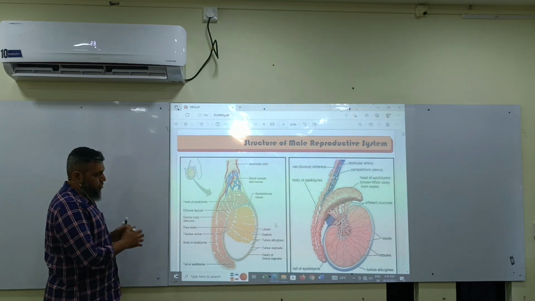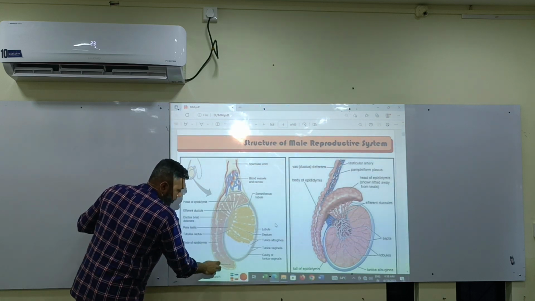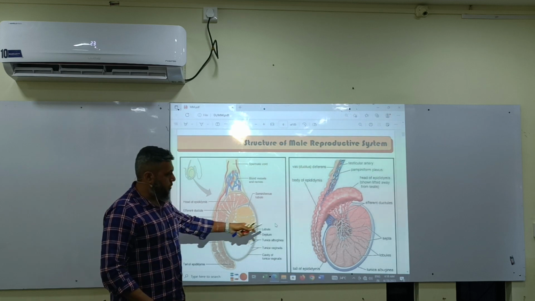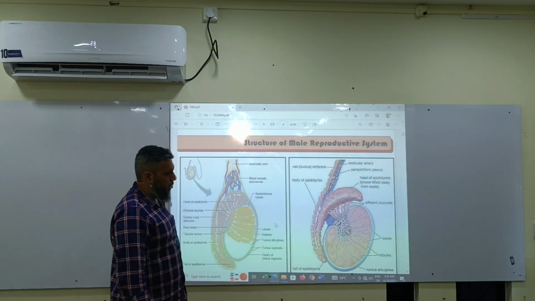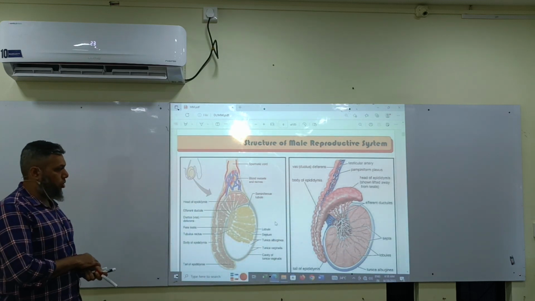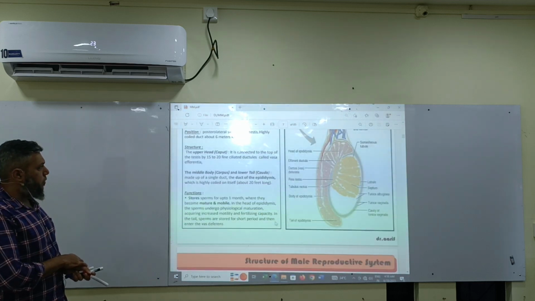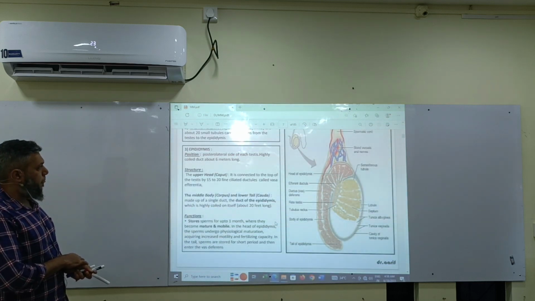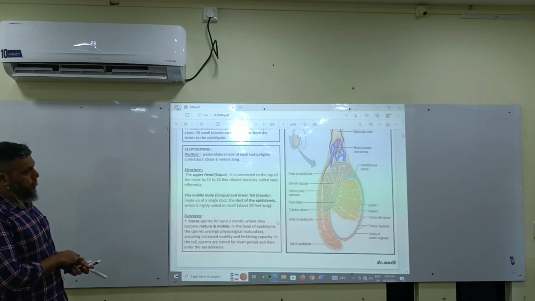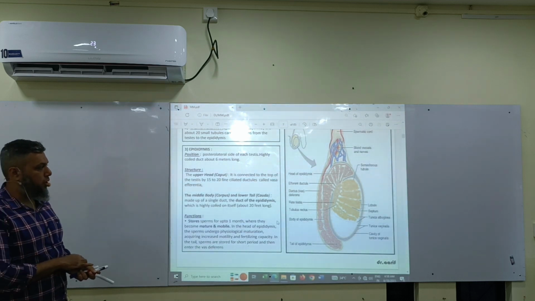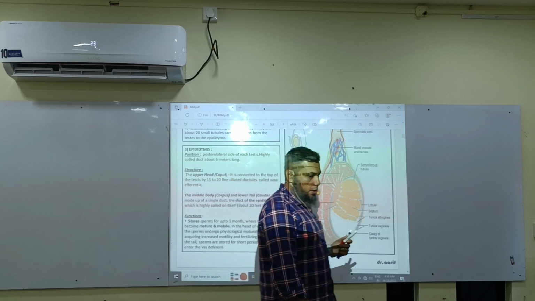The vasa efferentia opens into the epididymis. So this part is called the epididymis. Now, let us use this figure in order to understand the ducts.